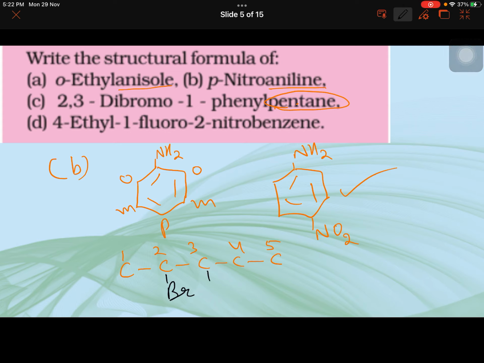Br here and Br here. 1-phenyl. On the first carbon you have benzene. And then you complete the 4 bonds of each carbon. CH2, CH, CH, CH2, CH3. This is the C part. This is how we draw it.